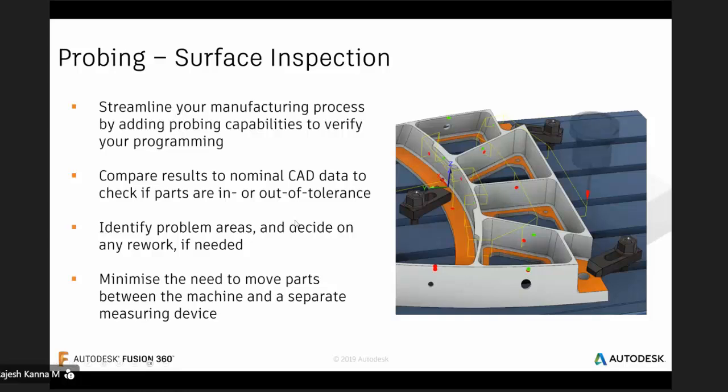We also have surface inspection for 3D actually. So what you can do is create inspection toolpaths wherever it is required, and you can run it through Fusion. Once it is done, you can get back the resulting file and check it similar to a CMM actually. Okay, so it is not necessary to remove the part and take it to a CMM or any other measuring instrument.